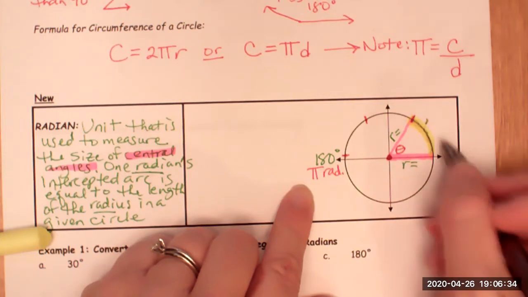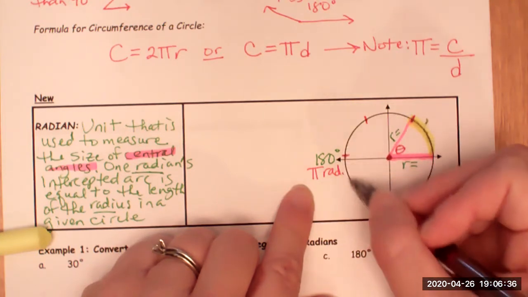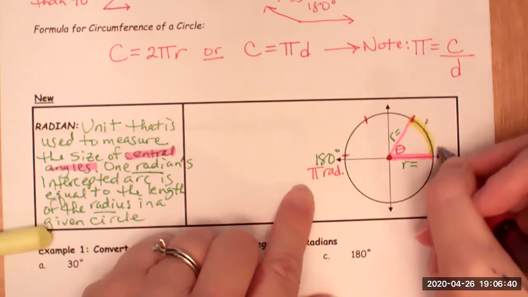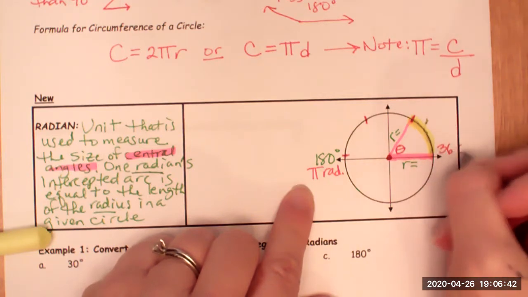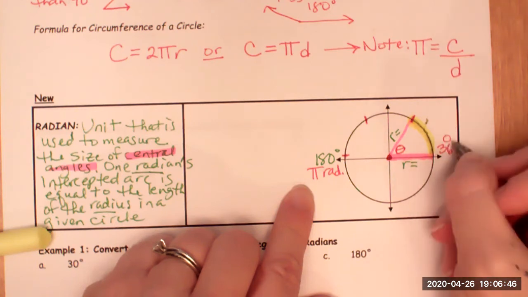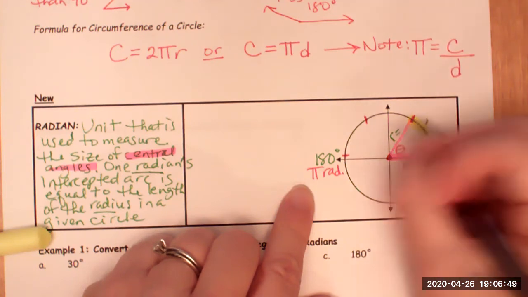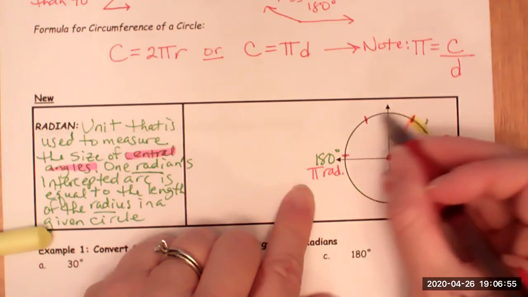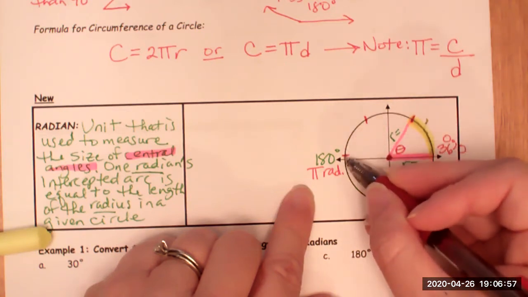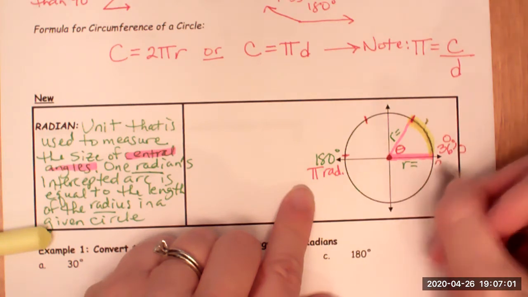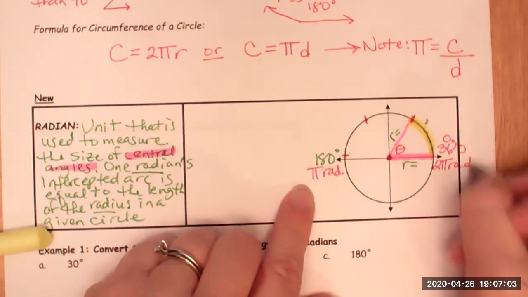And if I continue to travel around the circle and I've gone around 360 degrees, which is also the 0 degree mark, we've traveled 360 degrees, we've traveled 1 pi radian, and continuing around, we've now traveled 2 pi radians.